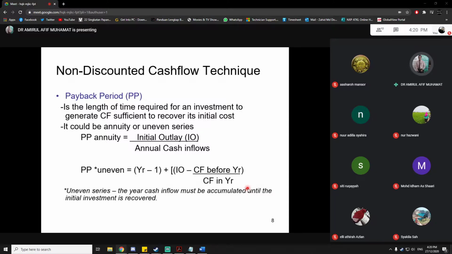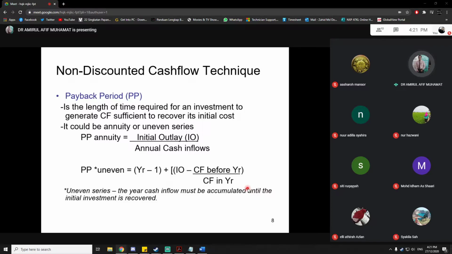Payback period is one of the techniques in capital budgeting, and the intention is to find the shorter length of time to cover the cost. Okay, so for payback period, the objective is to find the shorter period of time to cover the cost.